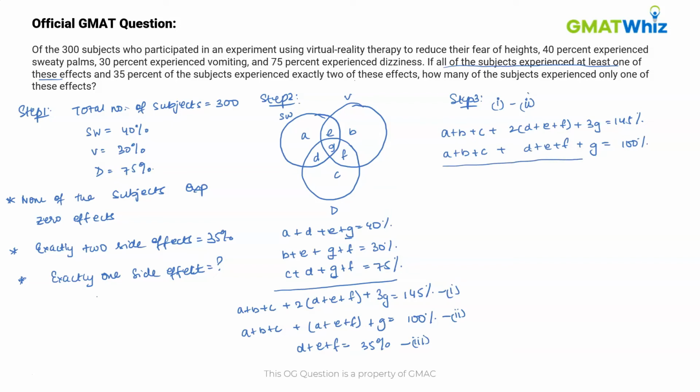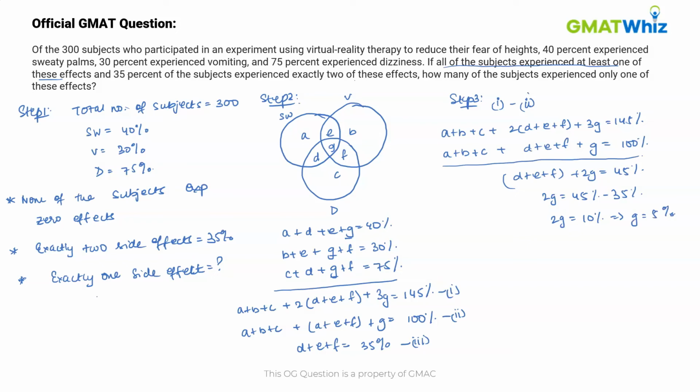On subtracting, we get D plus E plus F plus 2G equals 45%. Now, we know the value of D plus E plus F from equation 3. So, 2G will be equal to 45% minus 35%. This gives us the value of 2G as 10%, and thus the value of G is 5%.